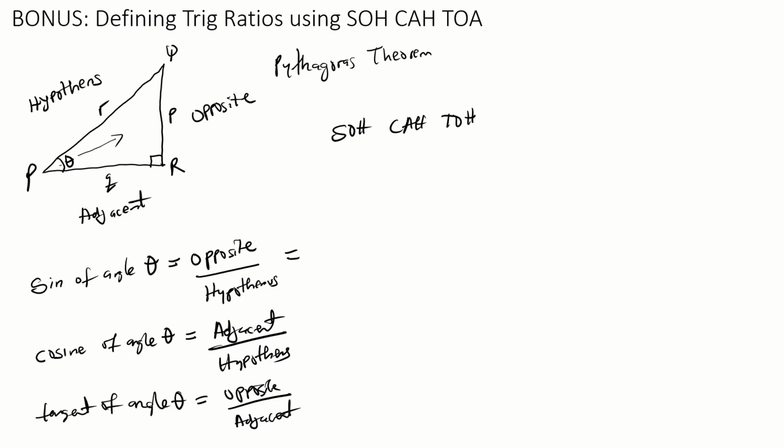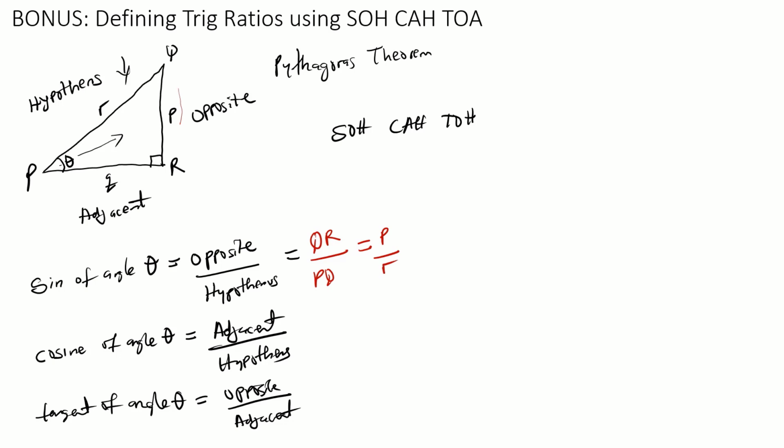So let's now bring this into the triangle that we have here. According to this triangle, the sine is the opposite over hypotenuse. The opposite is QR, and the hypotenuse is PQ, and this equals P over R. You see how simple that is?